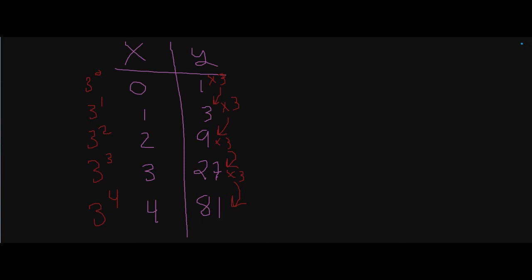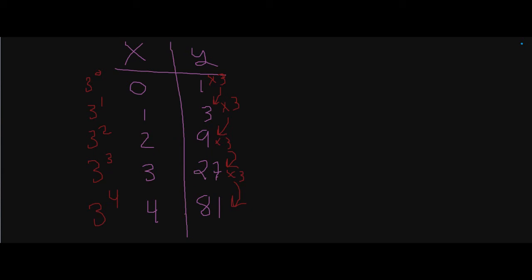So if we look here, this is the pattern that we have. We're basically multiplying by 3 every time, or we're increasing our exponents by 1 every time, if you notice here. Alright, 3 to the 0 is 1, 3 to the 1 is 3, 3 squared is 9, 3 to the third is 27, and 3 to the fourth is 81.